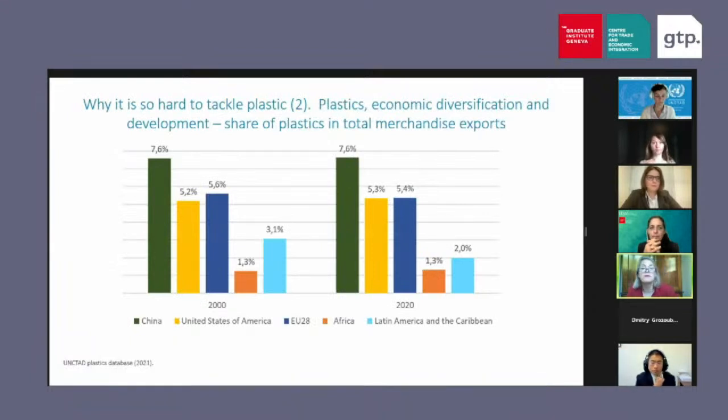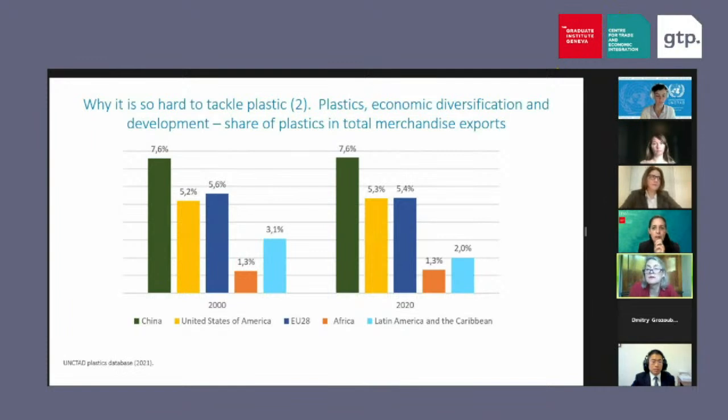Another question, why is it so difficult to tackle plastic? You see how important it is in total exports for many countries. So we're comparing, on the left half of the graph, 2000, and the right part of the graph, 2020. And we see some slight rearrangement in the proportions of total plastic from different regions, but the basic picture is the same, that plastic is between 7% or 5%, 3% of total exports for regions.